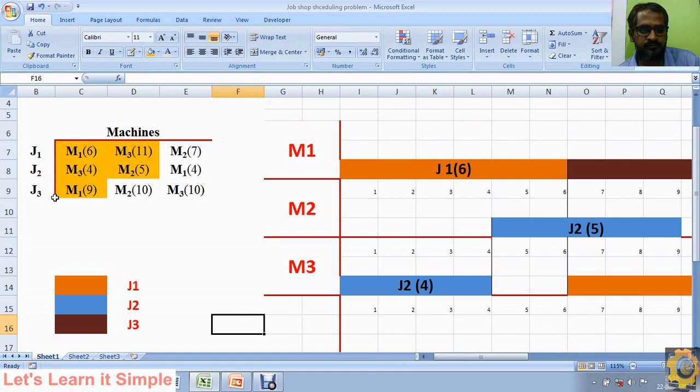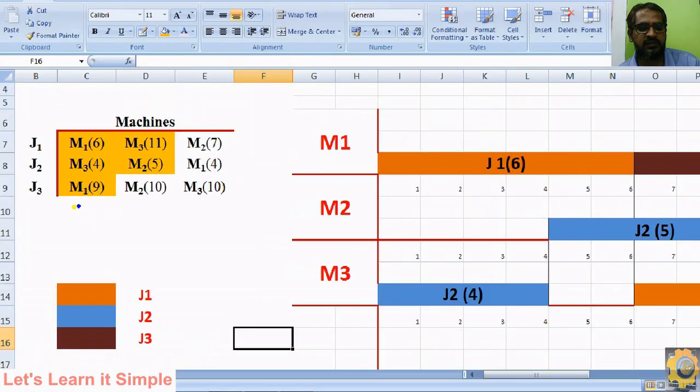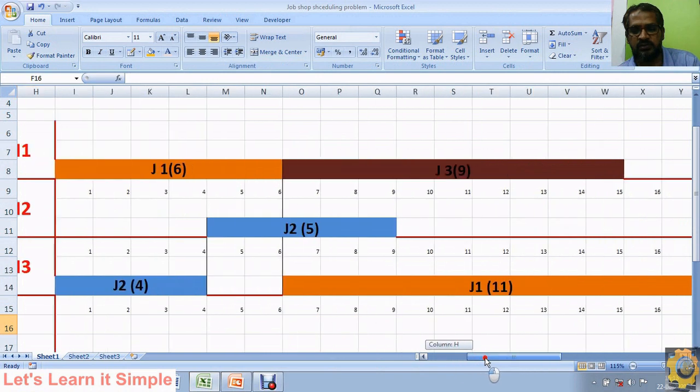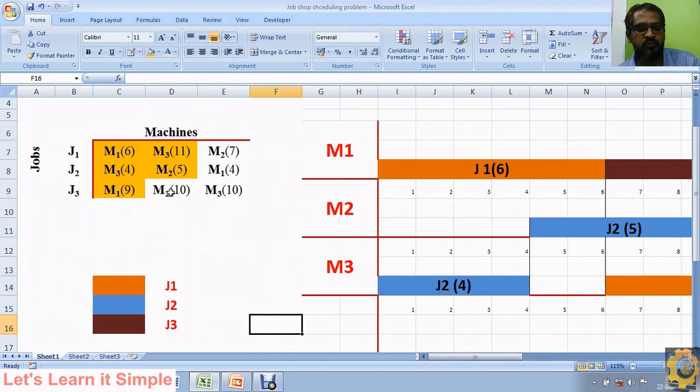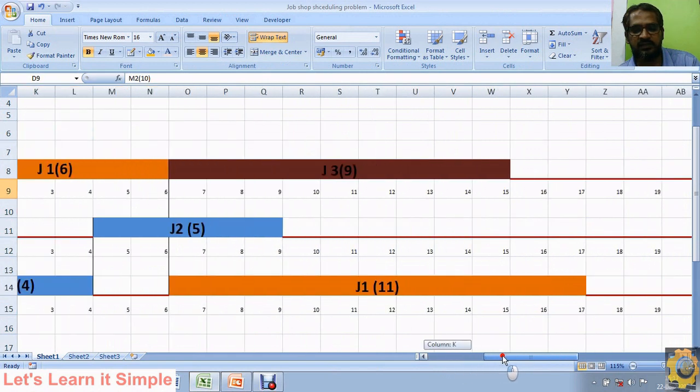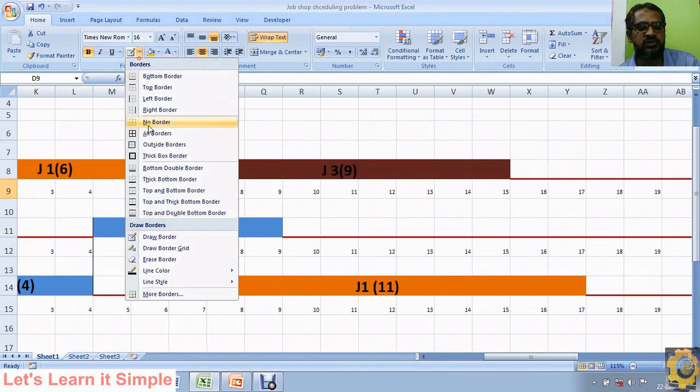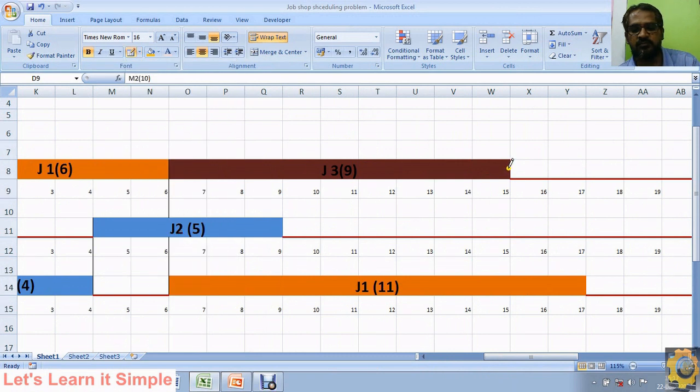Now third job, after it is processed in machine 1, has to come to machine 2. It takes a time unit of 10. So the third job, coming from machine 1, goes to machine 2 at the 15th time unit, because till the 15th time unit, job 3 is being processed in machine 1.